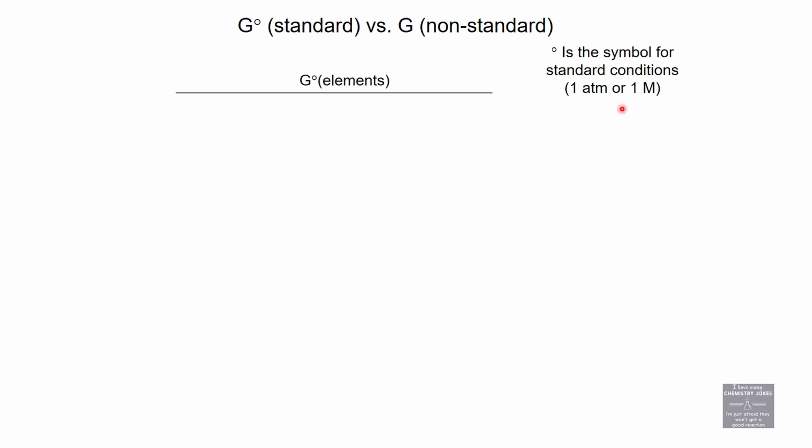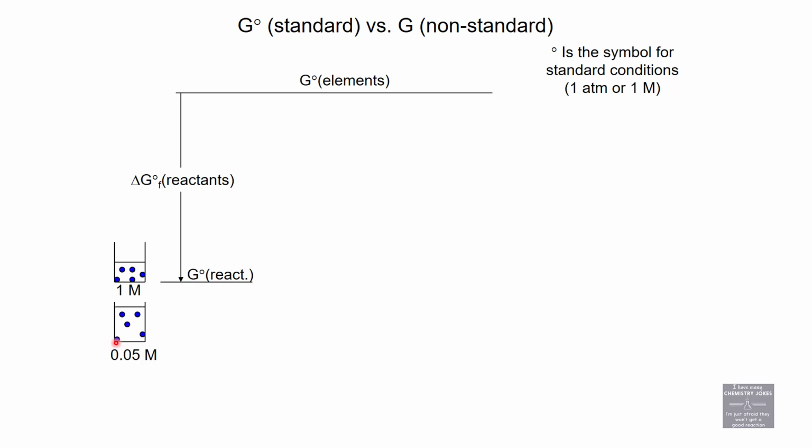If I measure the free energy loss when some elements combine to form some sort of reactant at 1 molar solution, I get a little shelf down here. But if I have a solution that's more dilute than 1 molar, I'm going to release more energy. The Gibbs free energy is more negative for this quantity than it is for that quantity.